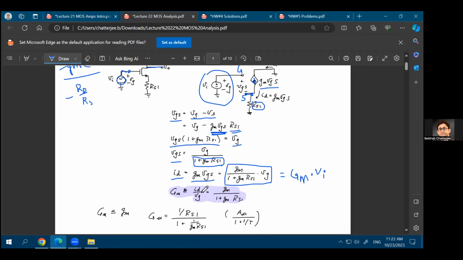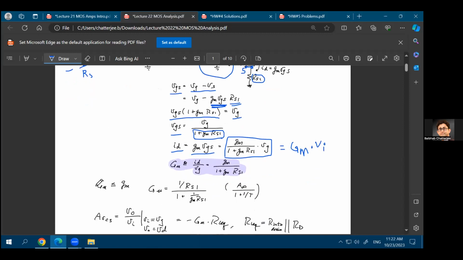So capital Gm is ID divided by VG, which is equal to gm divided by (1 plus gm RS1). And of course, your capital Gm will be less than or equal to your lowercase gm, depending on the value of RS1. Of course, if RS1 is equal to 0, then your capital Gm will be equal to your small gm.